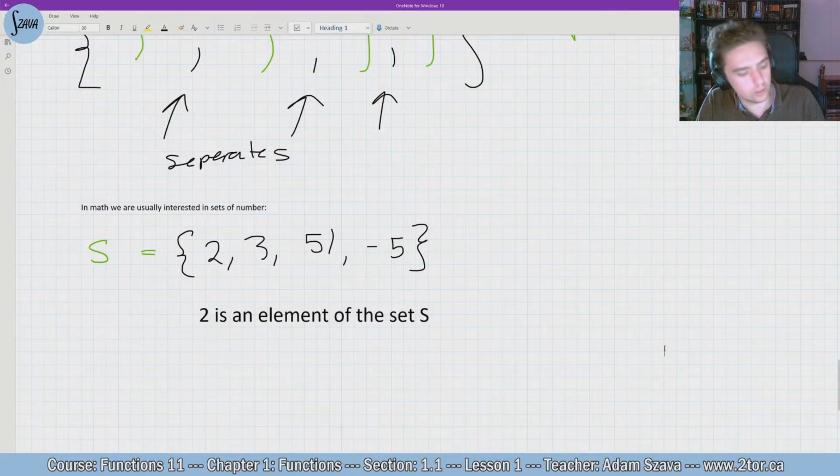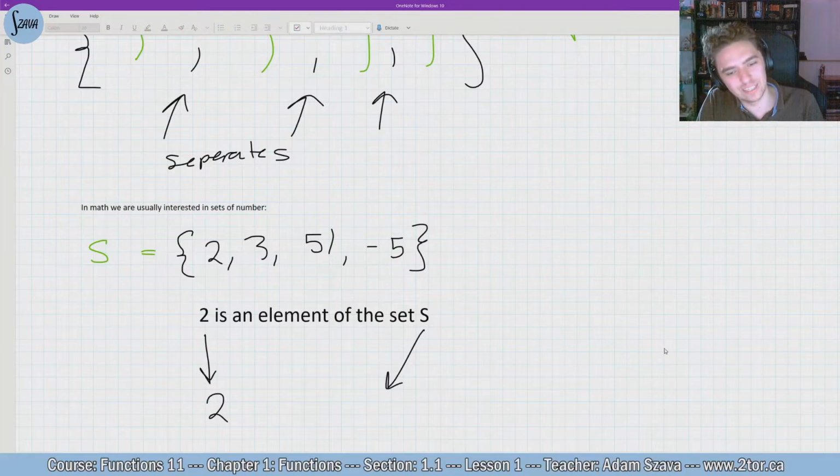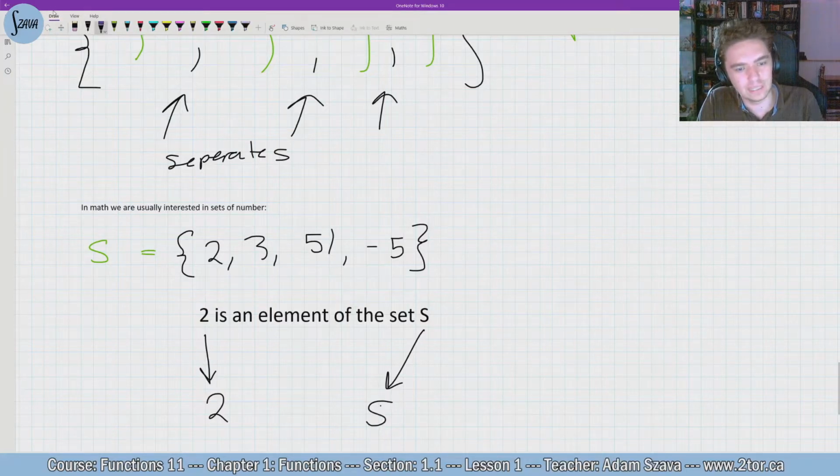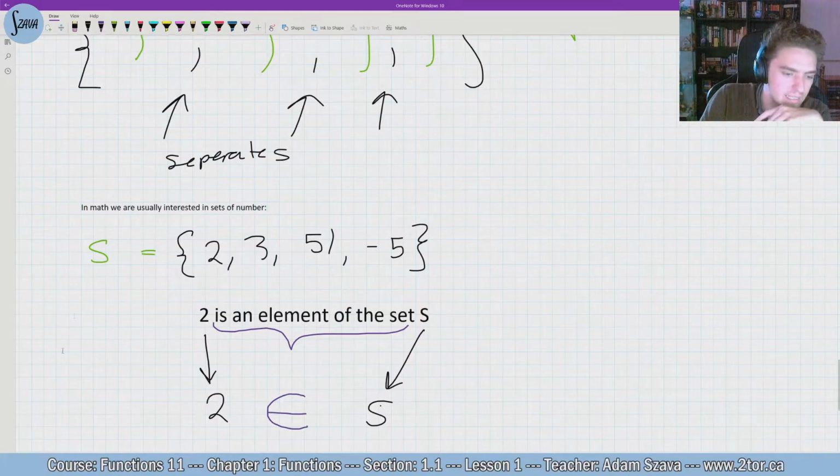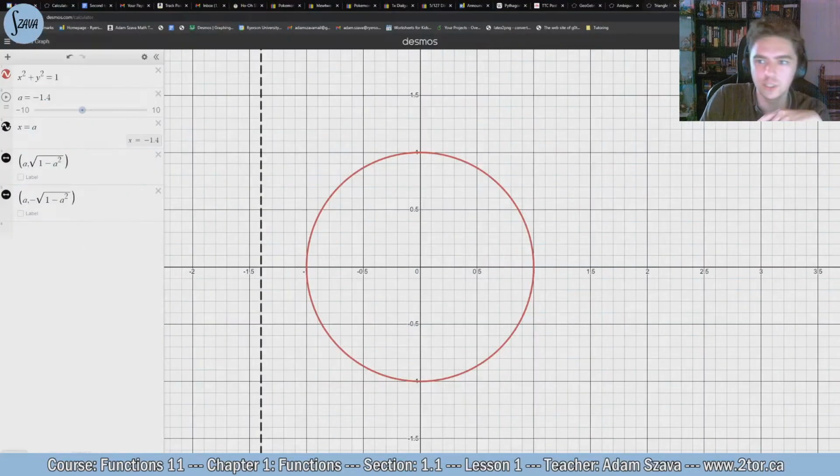Well, 2 is already a symbol and S is already a symbol, right? So we don't actually have to replace those. But what we do have to replace is "is an element of the set." That gets a fancy symbol that looks like this. It's an E, right? I'm quite certain it is the Greek letter epsilon, or at least a skewed version of it.